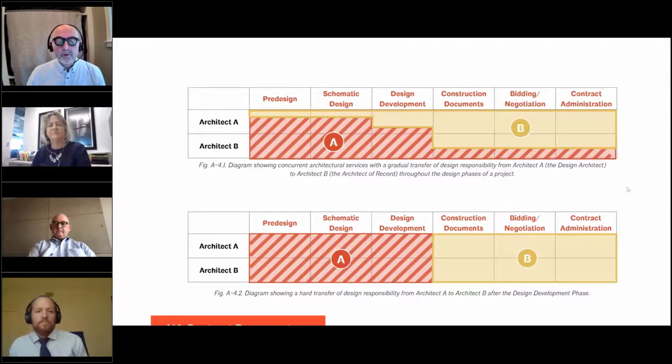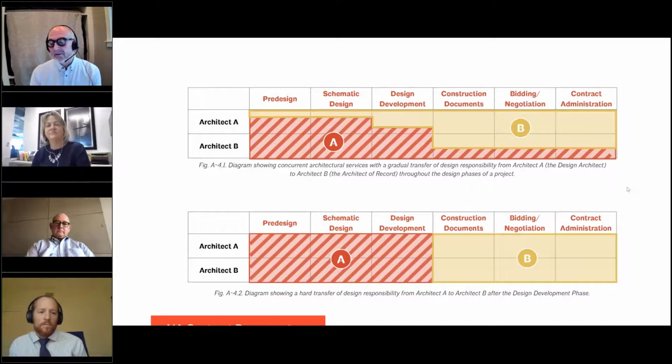There's one more approach, and that's one where there are separate scopes for both architects. This is where, for instance, where I've seen it mostly is in the core and shell and TI model. So if you're doing an office building, one architect does the core and shell, the other one does all the interiors, the lobbies, the tenant improvement spaces, and that's more of a standard.